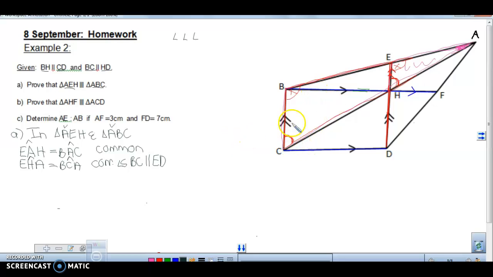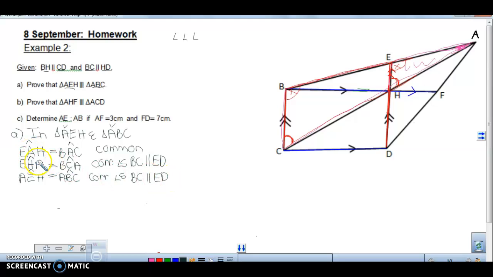So my third pair of angles will be this one and that one. So this one is AEH. Here I have vertex E, AEH equal to ABC. And can you see the reason is that also corresponding angles and BC is parallel to ED.